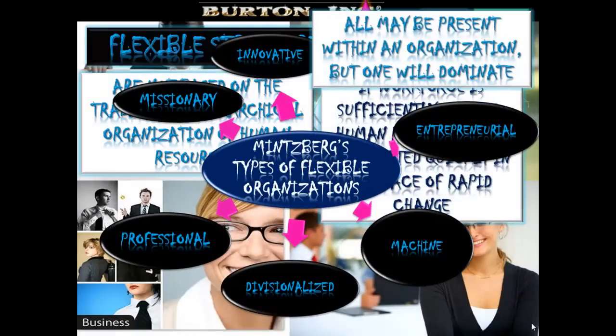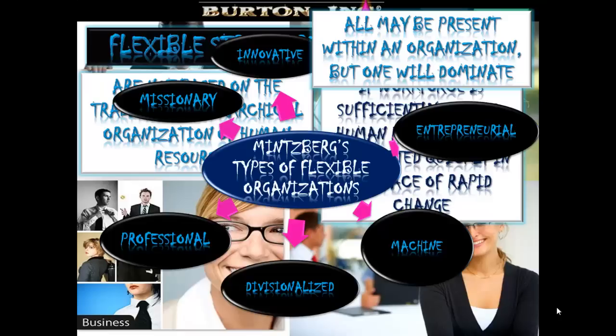Henry Mintzberg here, we have got his theory of the types of flexible organisations. Now Henry Mintzberg suggested that the internal structure of an organisation depends on both the complexity and the pace of change. Mintzberg argued that a business can only remain successful if its organisational structure is flexible enough to deal with rapid changes in the market.